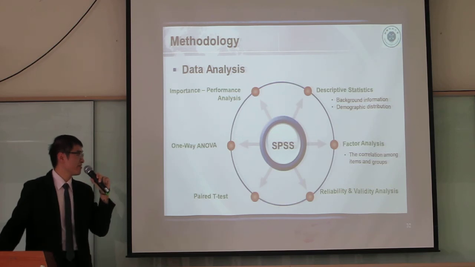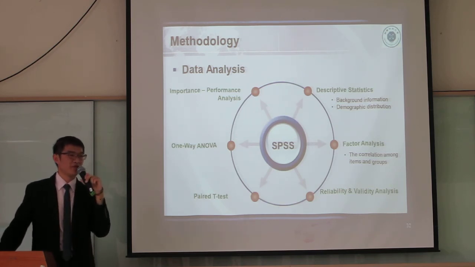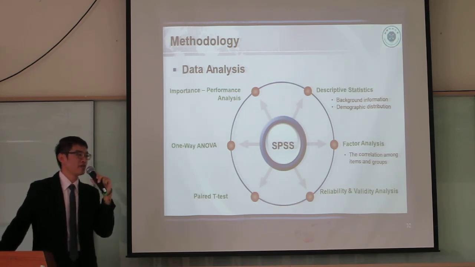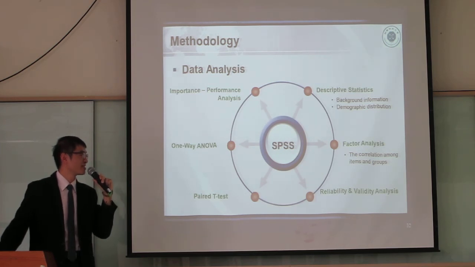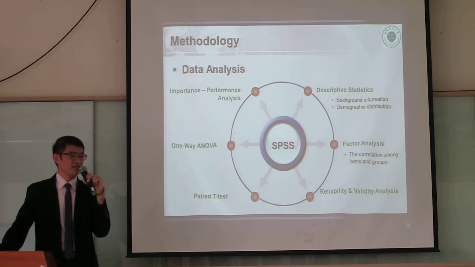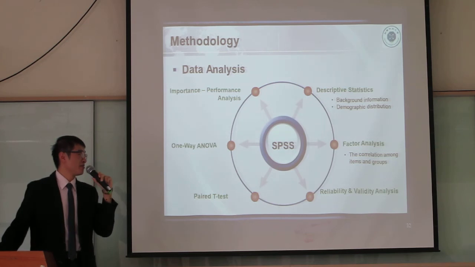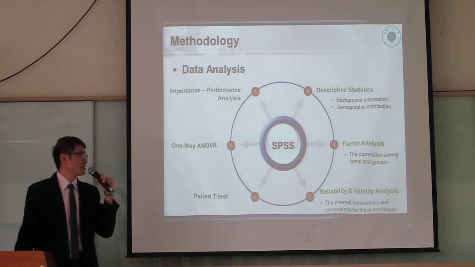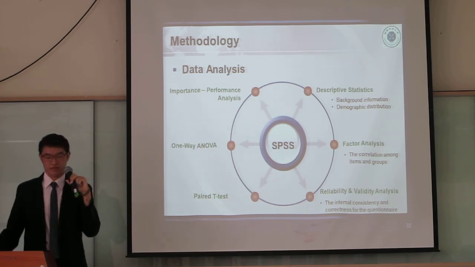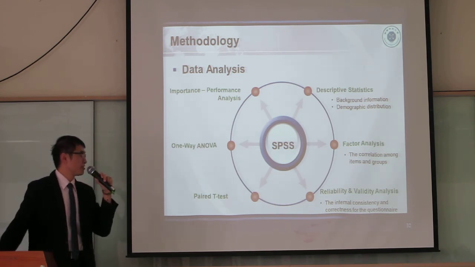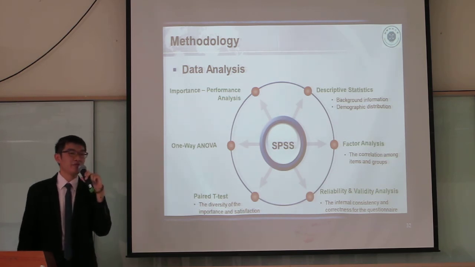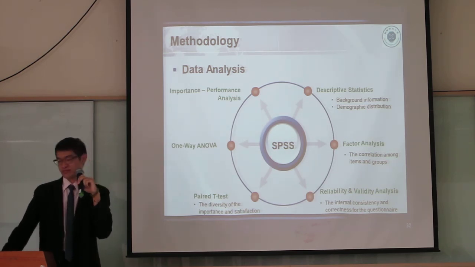For the factor analysis, we want to know the correlations among the items and the groups. After factor analysis, we will do the reliability and validity analysis to know the consistency and correctness of the questionnaire. And for the paired t-test, we want to know the diversity of the importance and the satisfaction.